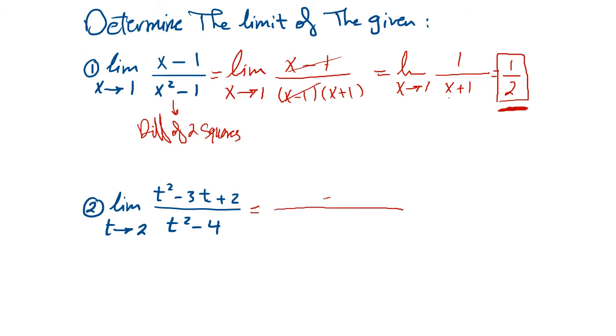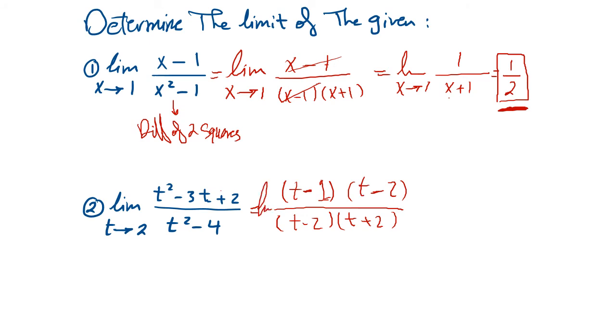Down in the denominator, this is a difference of two squares, which is (t minus 2)(t plus 2). In the numerator, I'm going to open two brackets. The last sign is positive, so both signs are the same as the middle one, which is negative. The numbers are 1 and 2, because 1 times 2 is 2 and the sum is 3. And here is t and here is t.